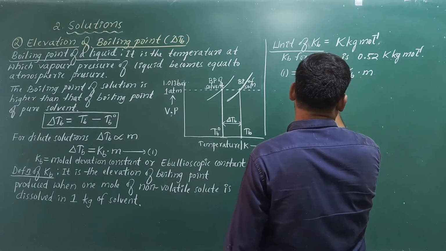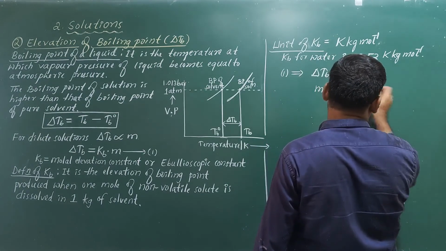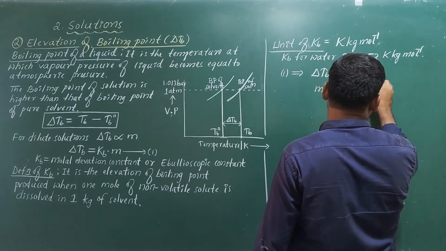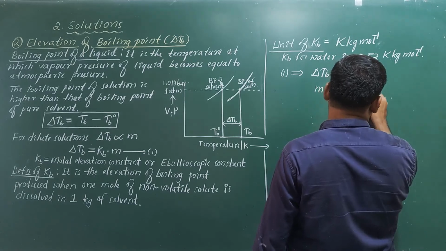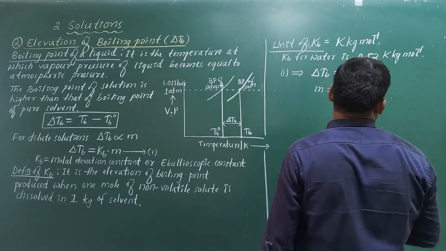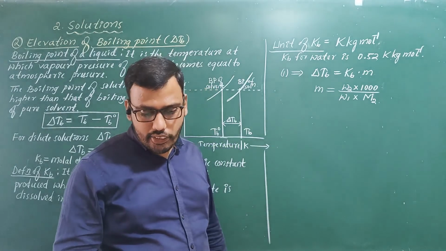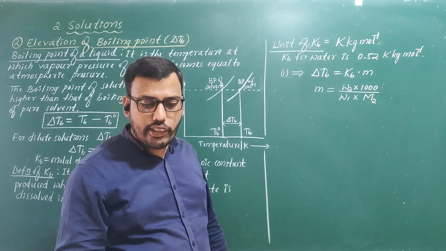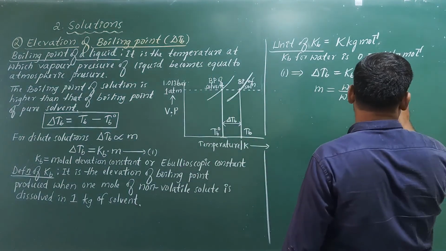We know that molality m is equal to W2 into 1000 divided by W1 into M2. While discussing molality, I have already told you this.